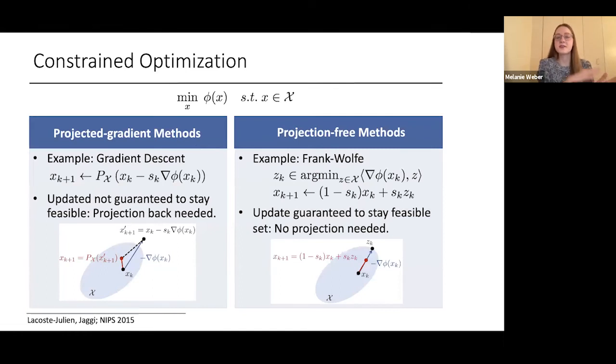If we take inspiration from the Euclidean setting, how constrained optimization tasks are approached there, then there are essentially two classes of algorithms that we could consider: projected gradient methods and projection-free methods. Following the Riemannian optimization literature, which has mostly focused on unconstrained settings, and just as in the Euclidean setting for unconstrained optimization, gradient descent and its variants are probably the best approach that you could use in many settings.